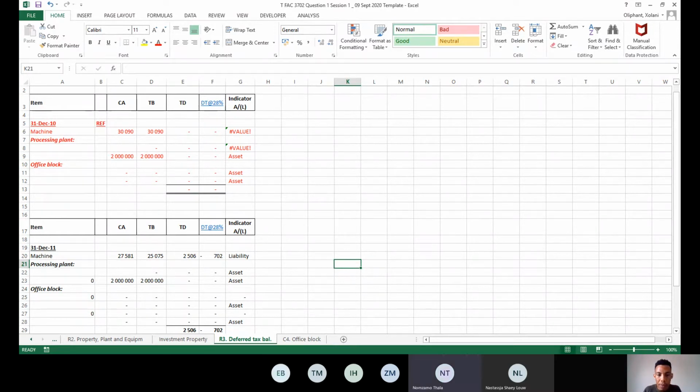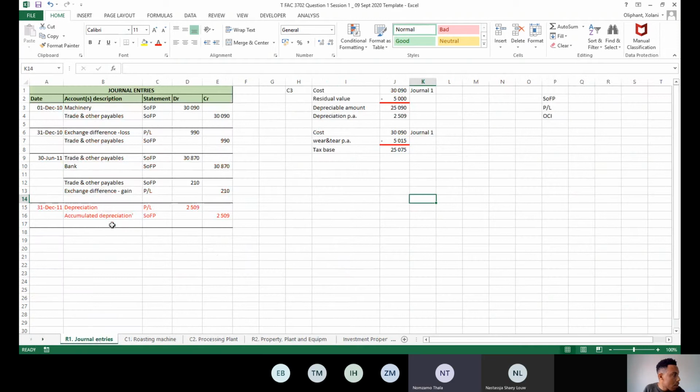Yes, Tolani. Can I just double check with the depreciation, the 2,509? It said the machinery was brought into use on the 1st of January. So are we calculating from the 1st of January up until December? Is it 12 months or is it 10 months?